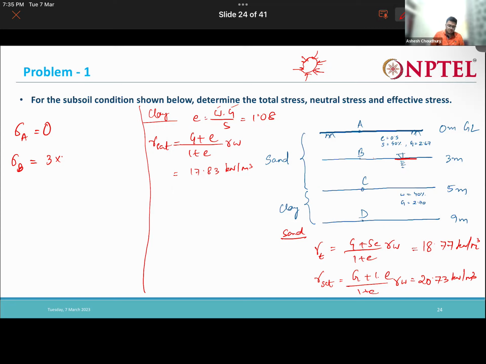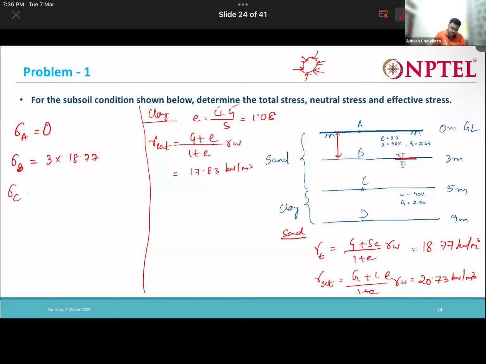Okay, now let us find out the total stress. What will be the total stress at B? 3 into how much? Gamma sat? No, how gamma sat? 3 into this gamma, it was gamma total, 18.77.